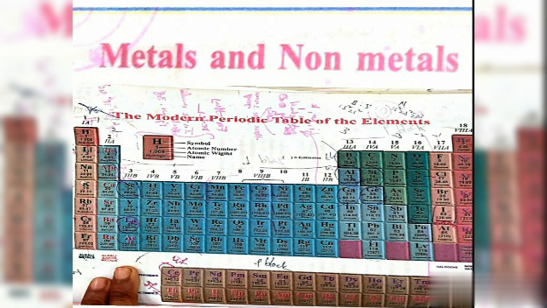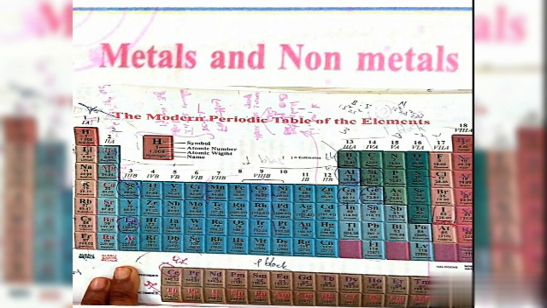Once you observe the periodic table, look at the electronic configurations of hydrogen, lithium, sodium, potassium, rubidium, cesium, francium. Hydrogen, atomic number 1, is 1s1. Lithium, atomic number 3, is 1s2 2s1.